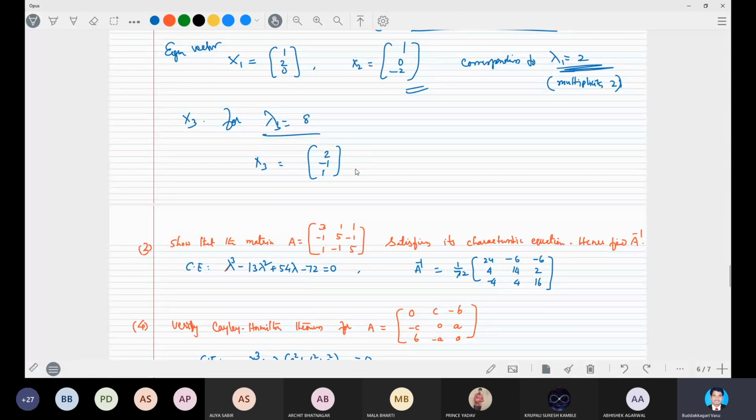Every square matrix satisfies its own characteristic equation, right?